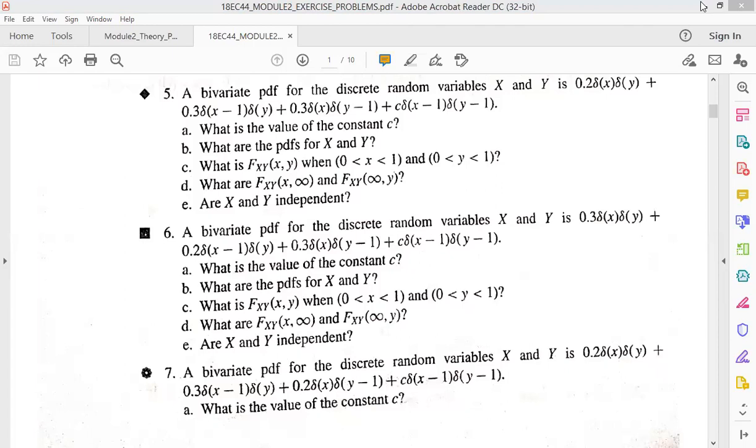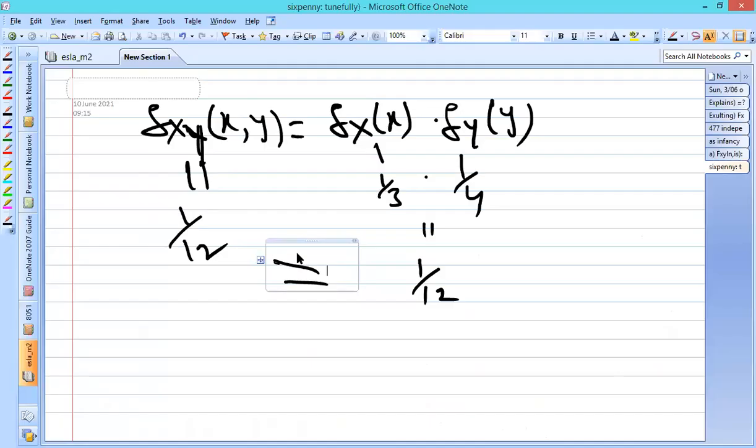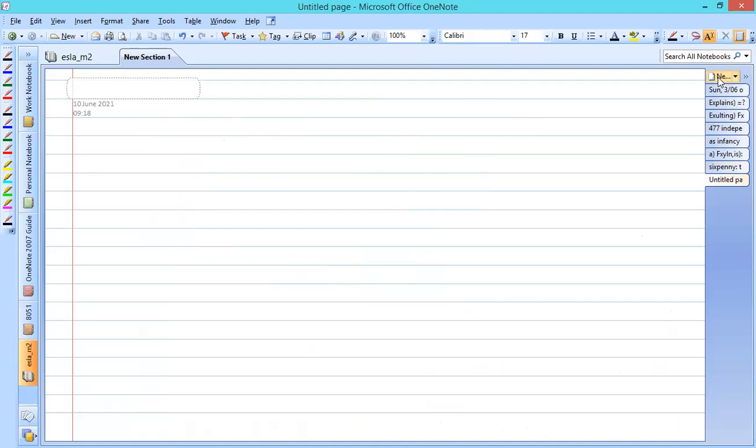Okay. So can you see the problem number five? With this, we'll see how to solve it. It is also as simple as the above problems. I'll just show it for one, and the remaining you can do. First, I'll write the PDF equation here so that it will be easy for us to solve the remaining parts.